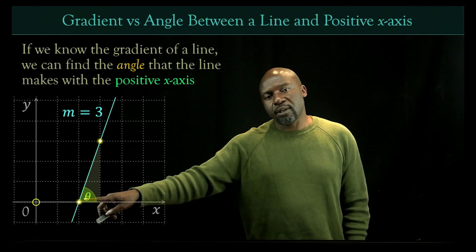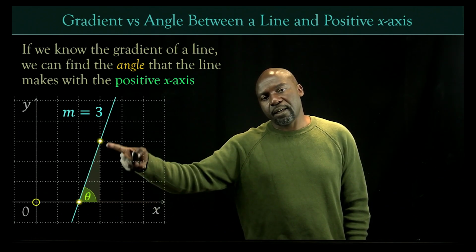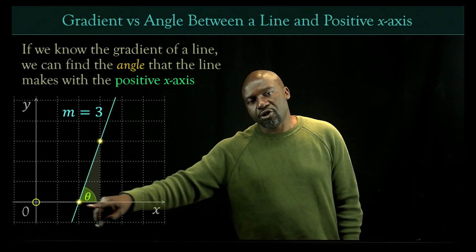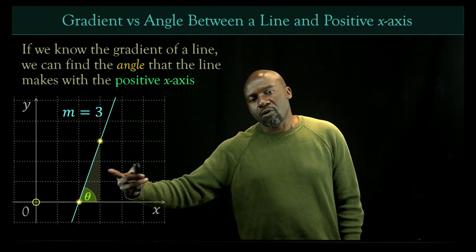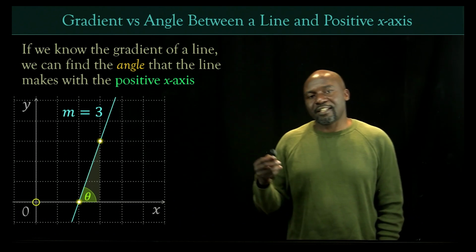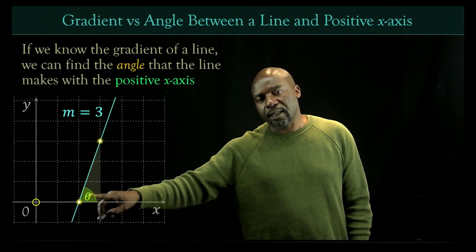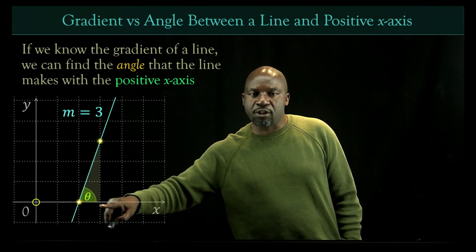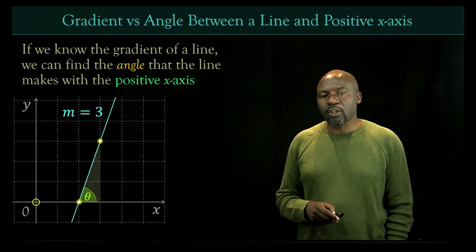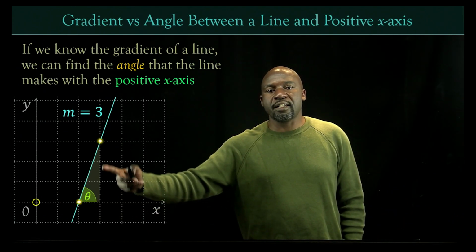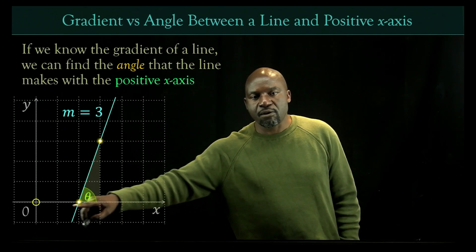If that angle is theta, then this side here is called the opposite of the angle, and that side there is the adjacent to the angle. By the trigonometric ratio definition, the tangent of angle theta is the opposite side divided by the adjacent side. Remember, that is also the definition of gradient, rise over run.